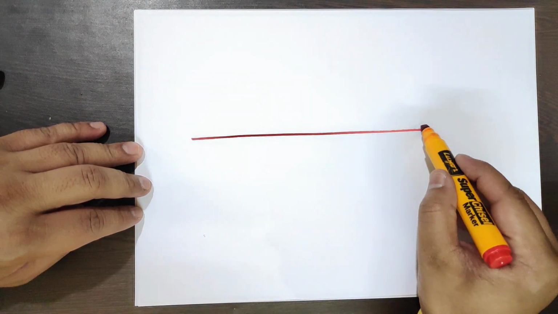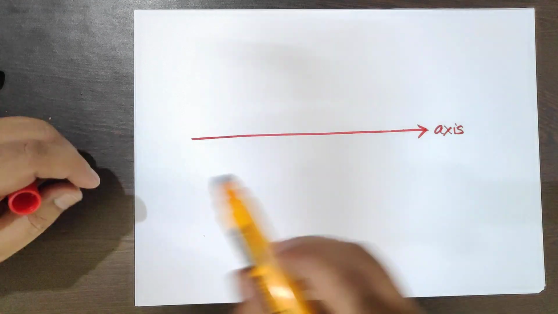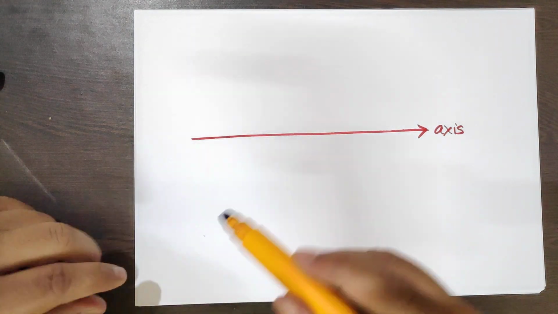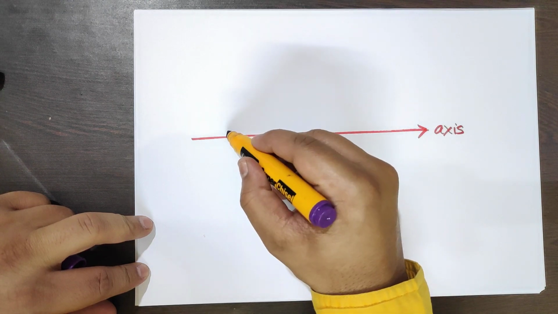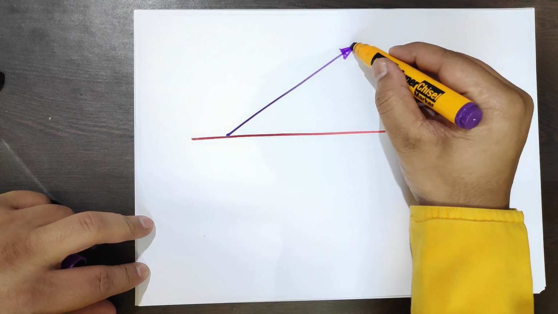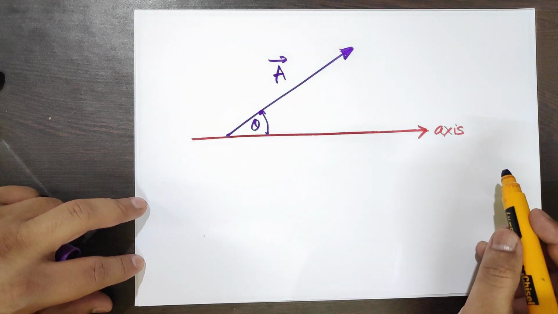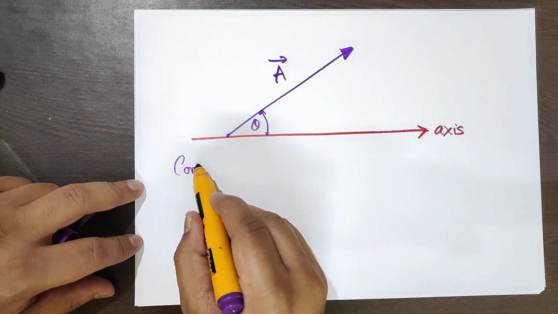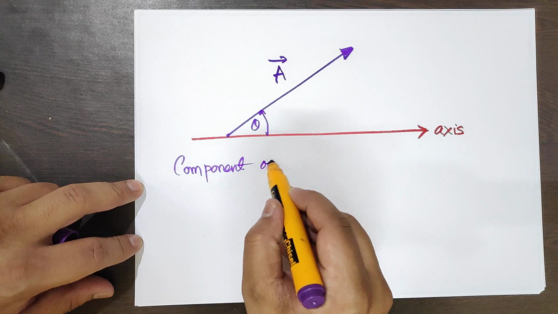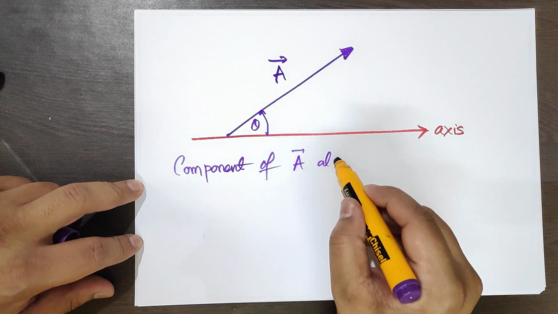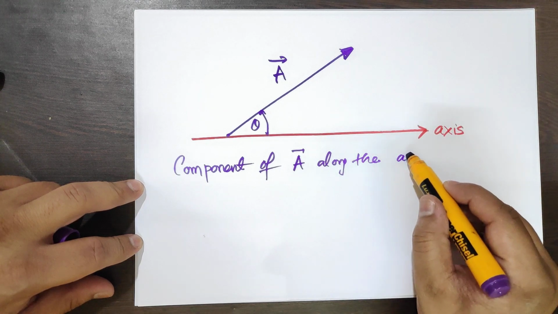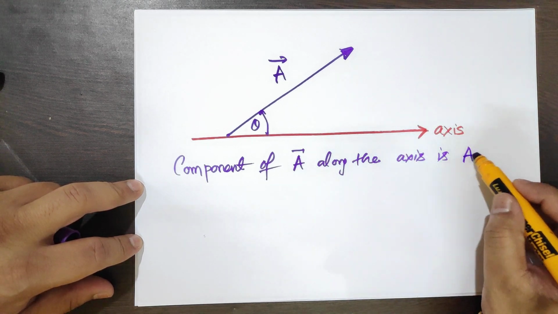Now, generally speaking, the component of a vector on a line is defined like this. Say that is a line, this is an axis, and there is a vector A, and this is theta. Now the component of vector A along the axis is given by A cos theta.